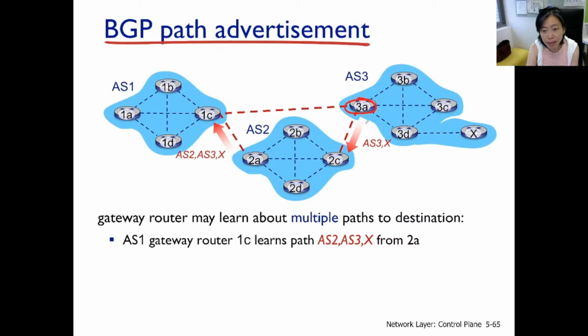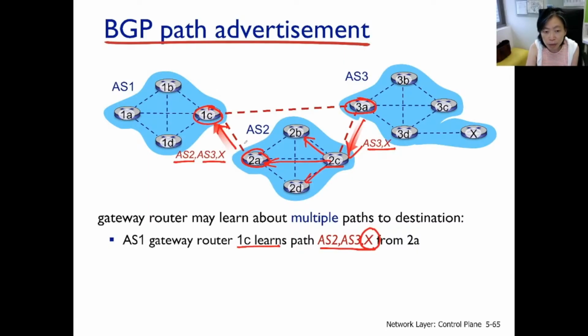AS3's 3A sends AS3 X as an advertisement to 2C. 2C checks the import policy and therefore passes it on to all the routers internally. 2A picks it up, checks the export policy, and let's say that it's just allowing advertisements of the path further. So prepend AS2 to the path and then send it further. At this point, 1C learns the path AS2, AS3 to destination X.